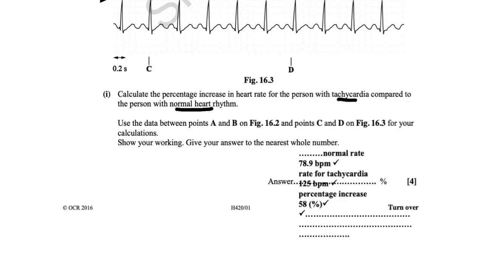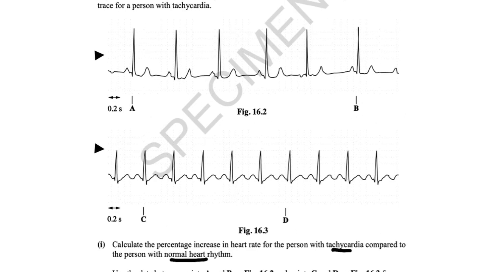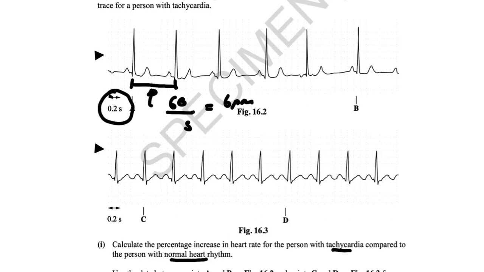So for this, you've got to look at the time taken between a heartbeat. You just measure the distance between where the points recur, and you'd convert that into a time, and then you'd divide 60 by that distance in seconds to give you beats per minute. And you do the same for this one here.